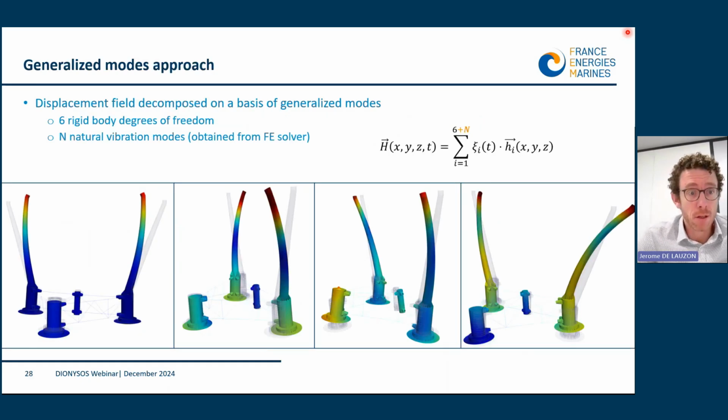So in this Homer software, the basic idea is to use what we call the generalized modes approach. And basically, instead of solving the seakeeping motion equation on the 6 rigid body degrees of freedom, we add a number of natural vibration modes obtained typically from a finite element solver.